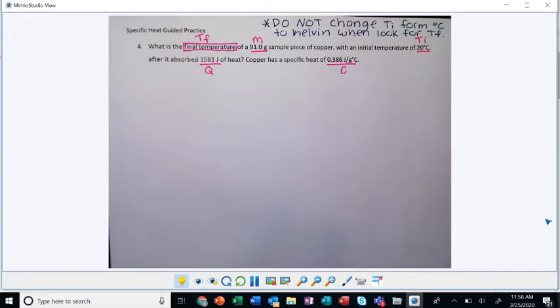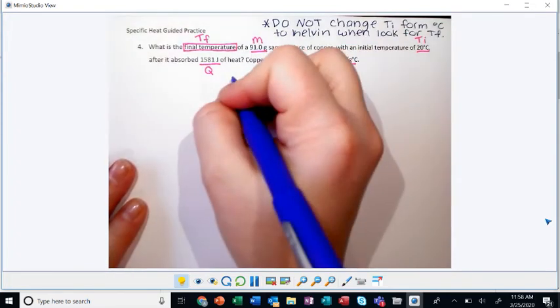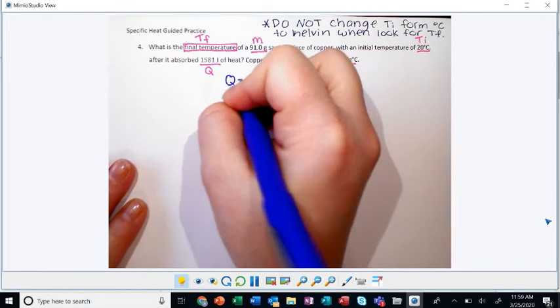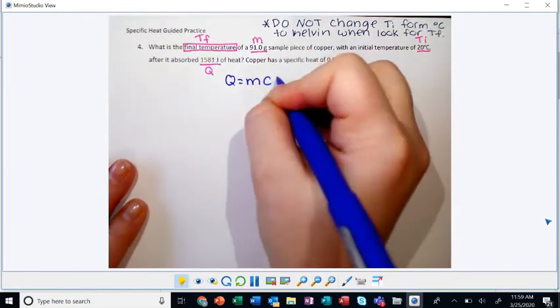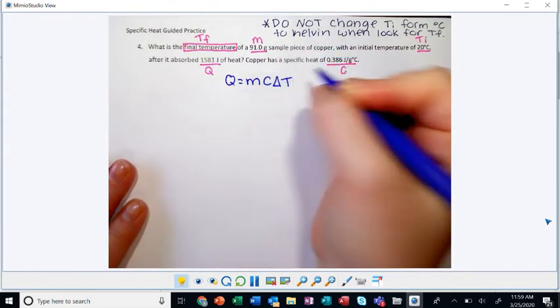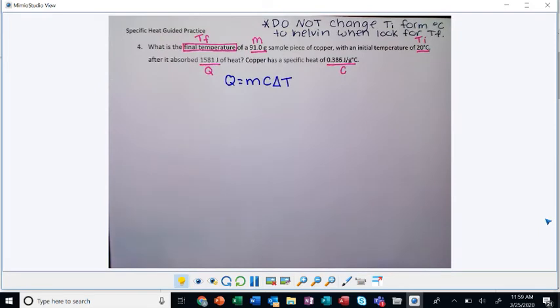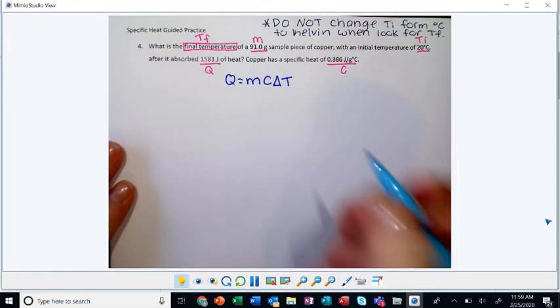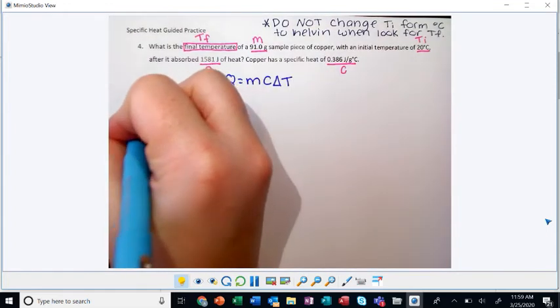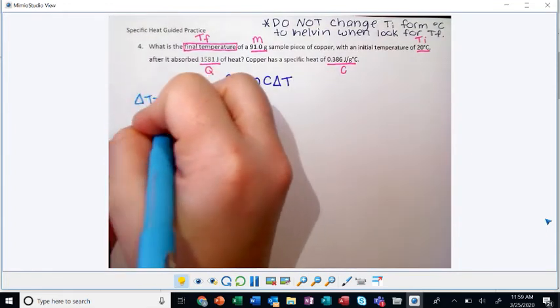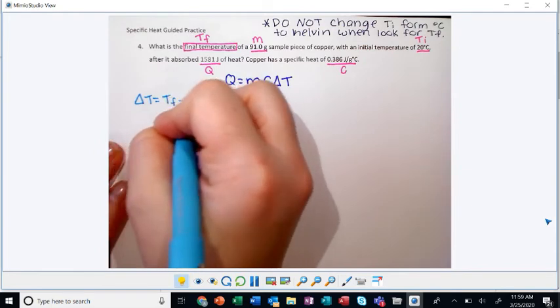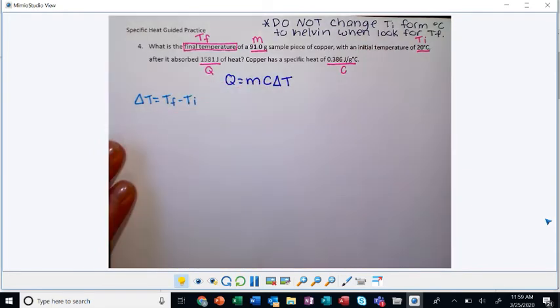I'm trying to make your life just a little bit easier. So I want to go ahead. We're going to write down our equation. The equation is Q equals MC delta T. Again, always start by finding delta T. So our delta T is equal to T final minus T initial.